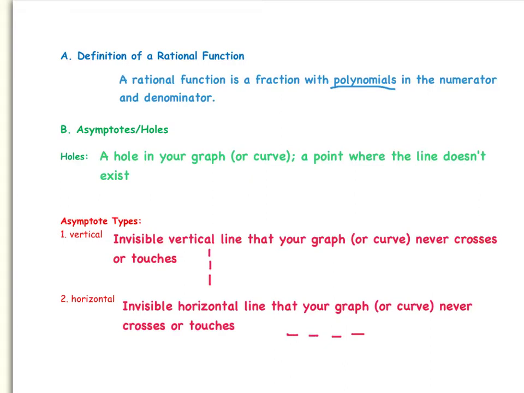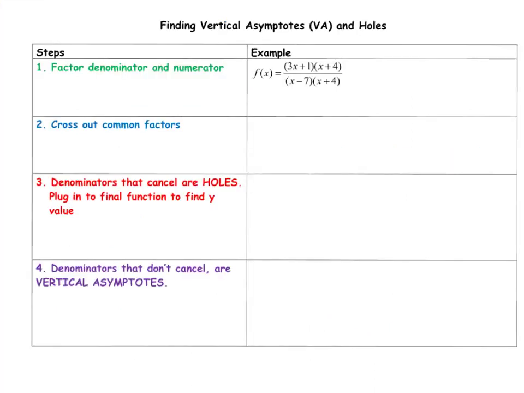Now let's figure out how we can find these three things from an equation. We will use the example (3x + 1)(x + 4) divided by (x − 7)(x + 4). In step number 1, you are to factor the denominator and the numerator. Well, if you look at our example, it has already been factored.